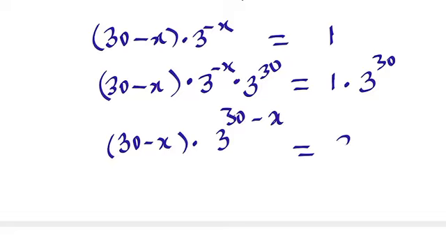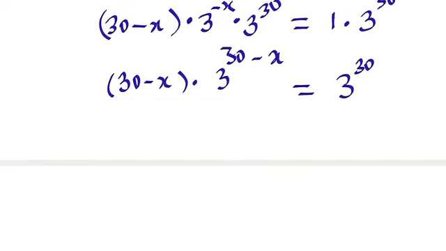1 times 3 to the power of 30 is the same thing as 3 to the power of 30. Alright, so from there, the next thing we're going to do is introduce e to both sides of the equation. The right hand side can also be written as 3 multiplied by 3 to the power of 27.